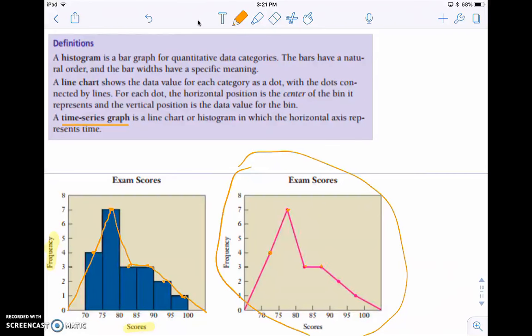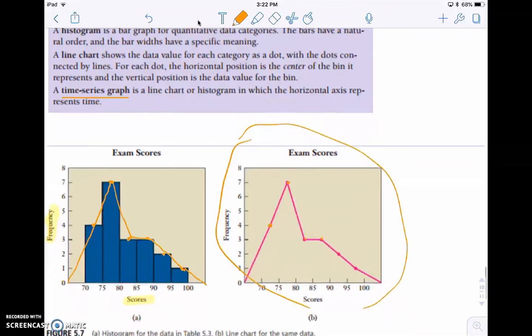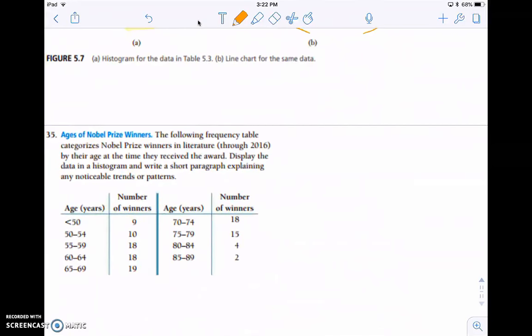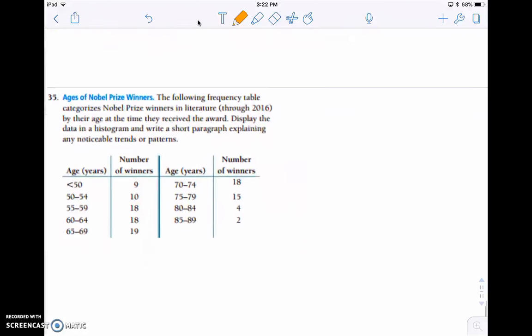It can also be a histogram, but in that case where time is on the horizontal axis, because time is continuous, and it just shows you what it looks like. If you're looking at the stock market, for example, stock market does use the time series graph, how things occur over time. So that's just the basics of a histogram and a line graph.